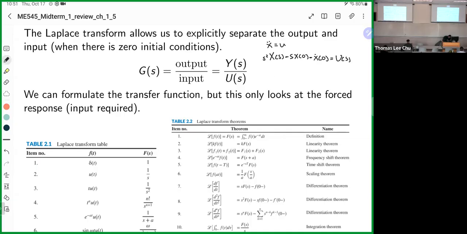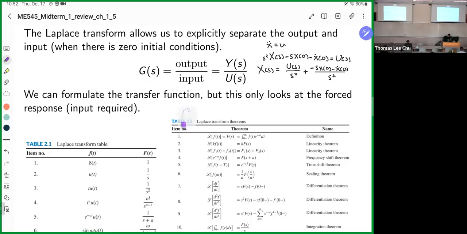When we separate it, we can't fully separate it explicitly because of the initial conditions. We get u of s over s squared plus minus s x naught minus x dot of 0 divided by s squared.